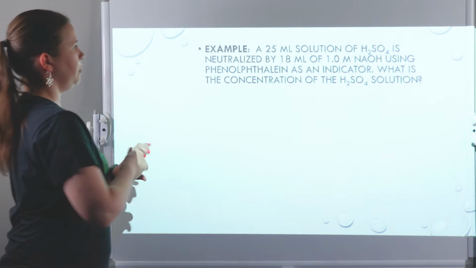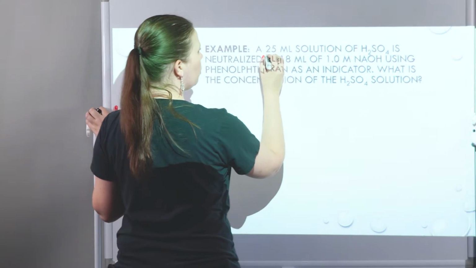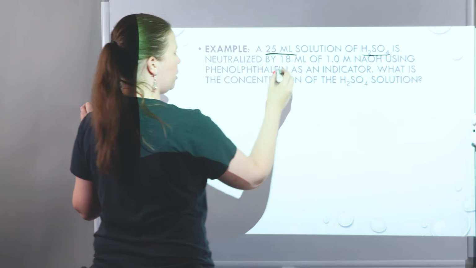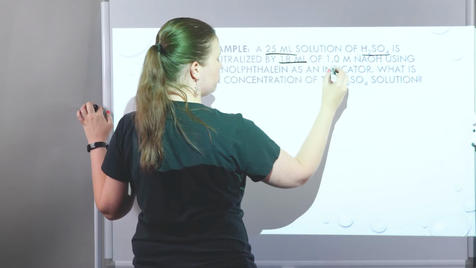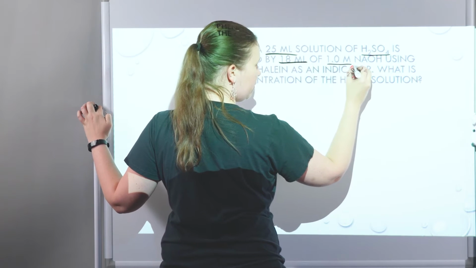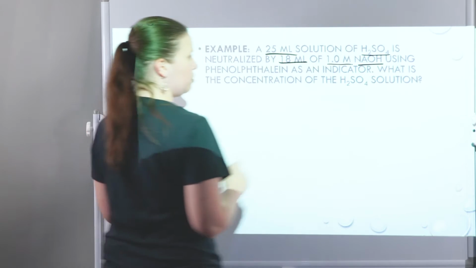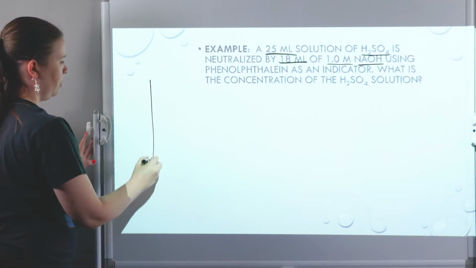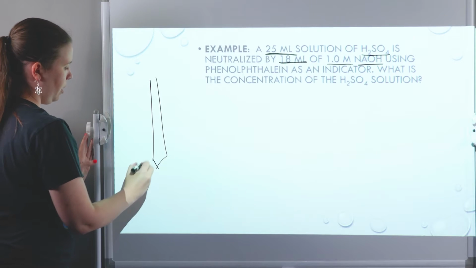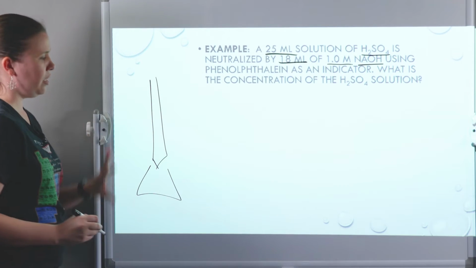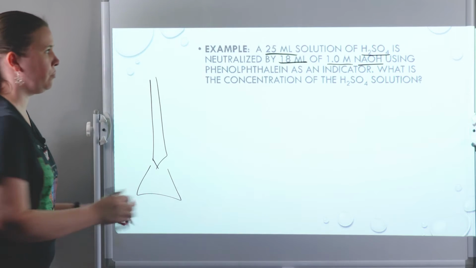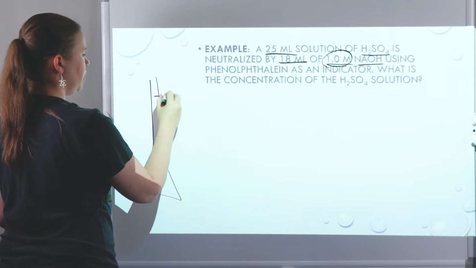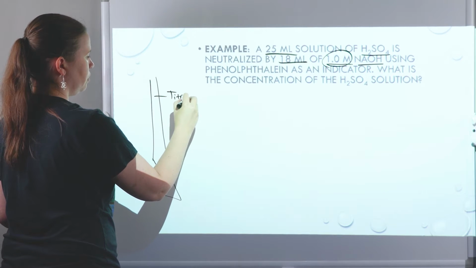Going through this problem, I can see I have 25 milliliters of an acid solution neutralized by 18 milliliters of a specific concentration of sodium hydroxide. So I like to kind of set up the burette and the flask as a way to organize my information. Whatever I have the known concentration of would be my titrant.